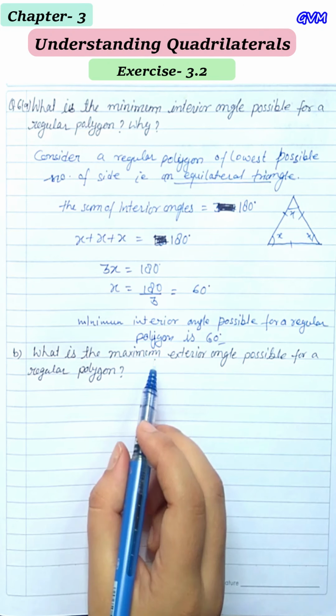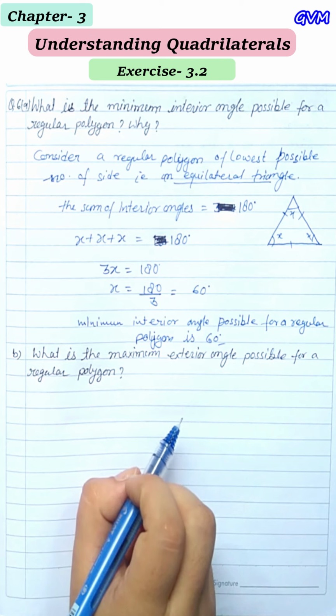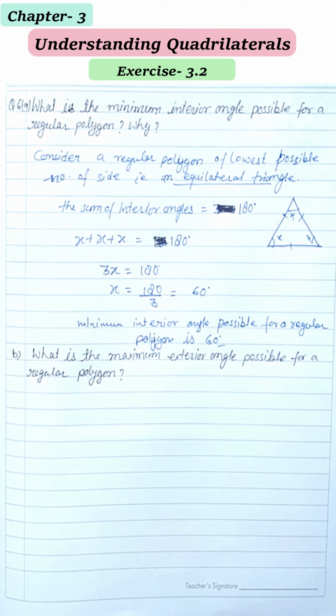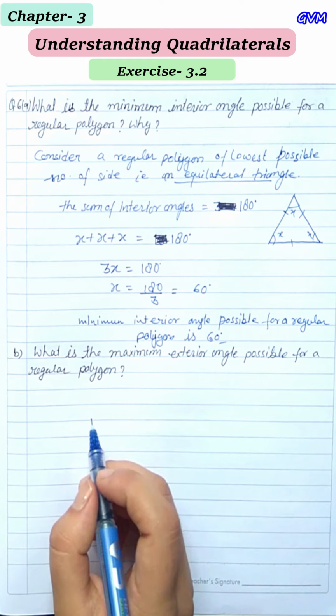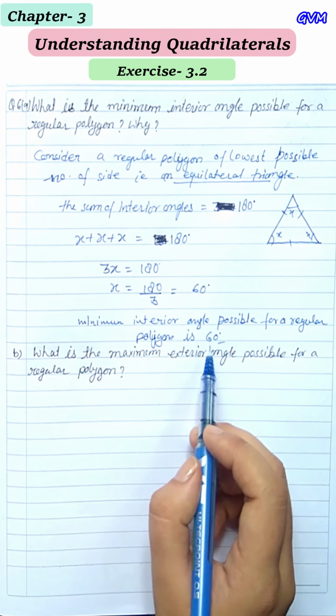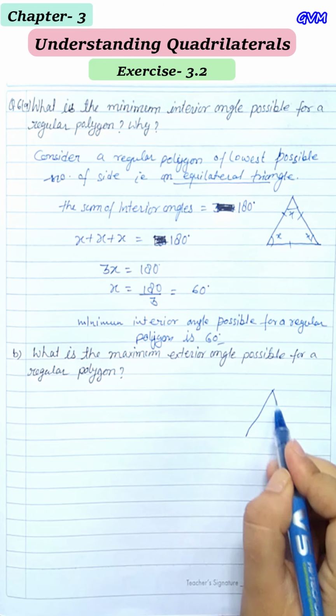Now what is the maximum exterior angle possible for a regular polygon? This was the minimum interior angle. So for the maximum exterior angle, we have found the minimum interior angle, and it's a triangle.